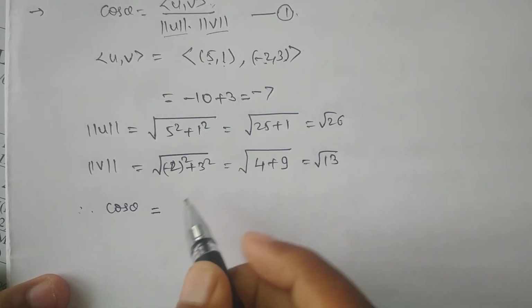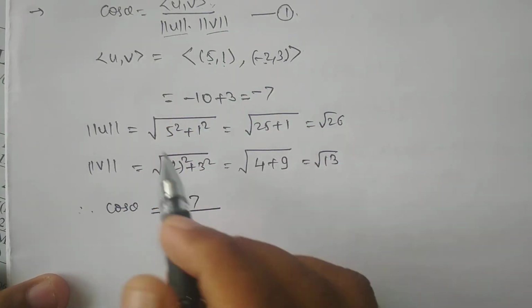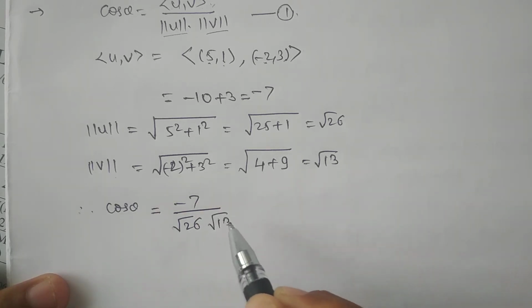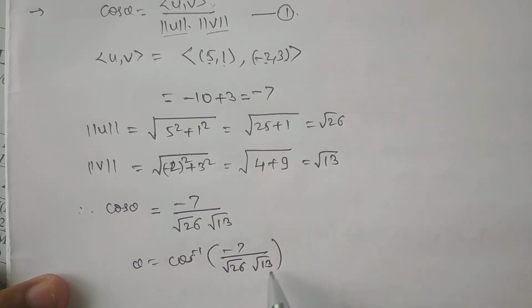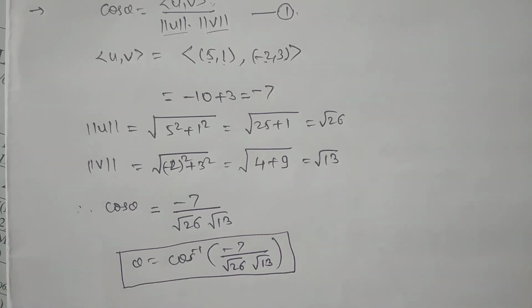So cos theta is equal to inner product of u comma v, so it is minus 7, upon norm of u, under root of 26, into norm of v, under root of 13. So theta is equal to cos inverse of minus 7 upon root of 26 root of 13. This is our final answer. This is angle between the two vectors u and v.